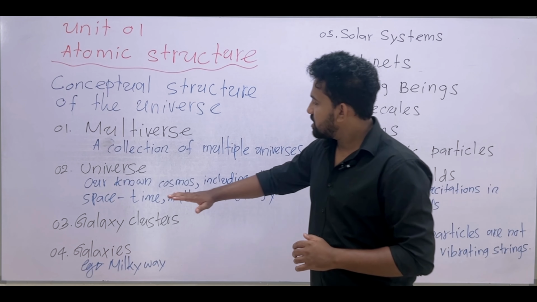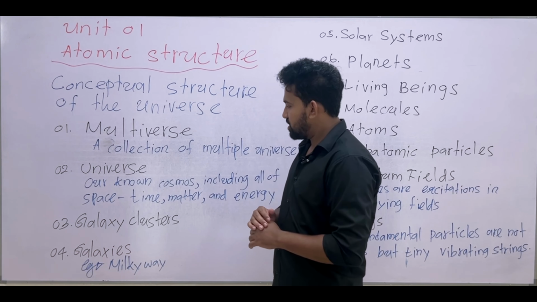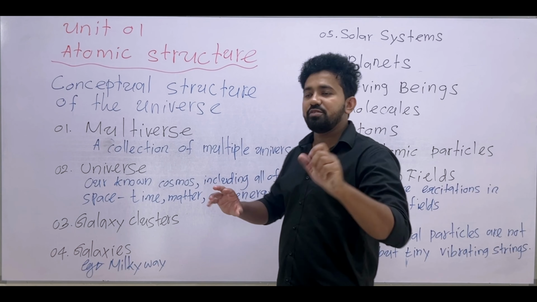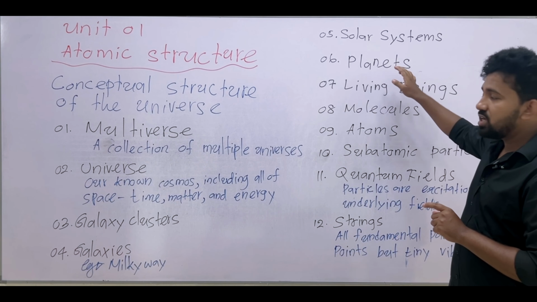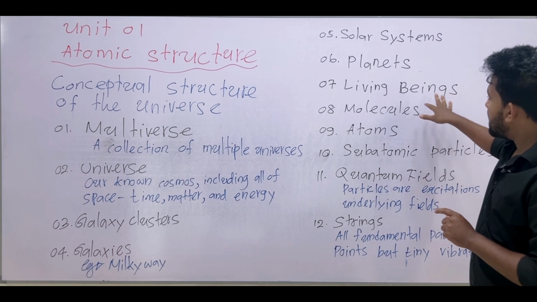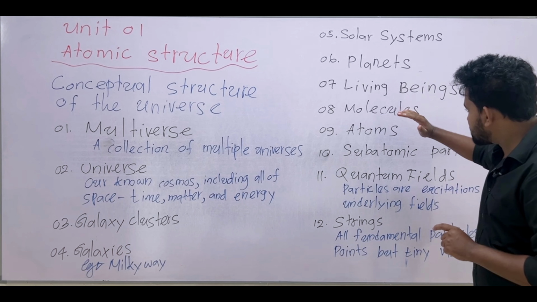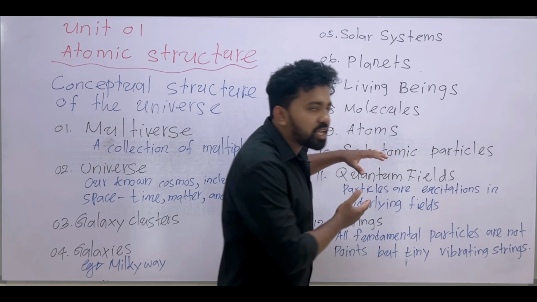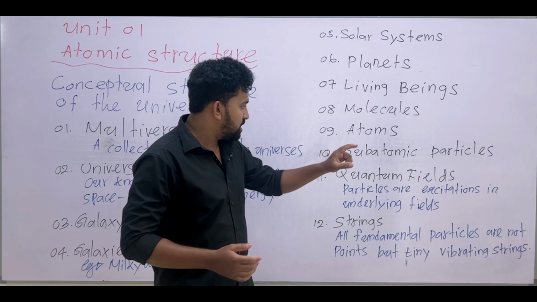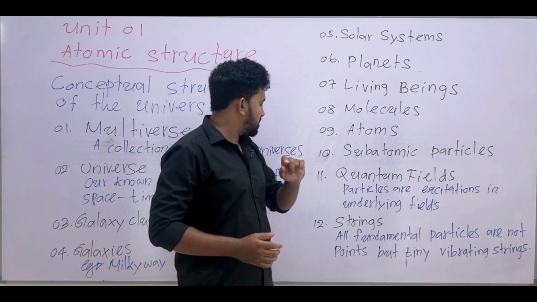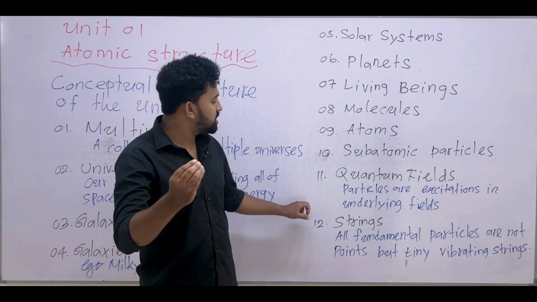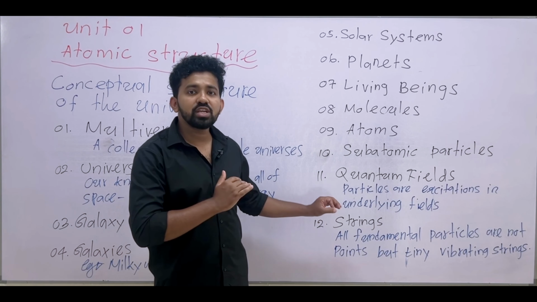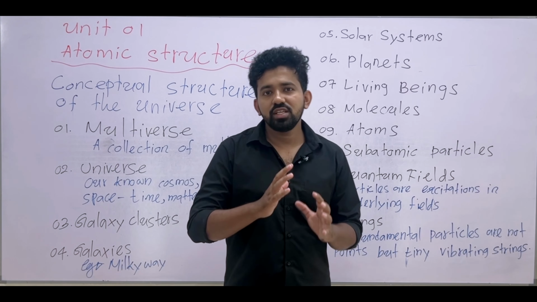Then galaxy clusters, and galaxies like the Milky Way, then solar systems, planets, living beings, molecules, and atoms. The smaller ones are subatomic particles, quantum fields, and finally the smallest thing is strings, string theory. Right, those are the things.